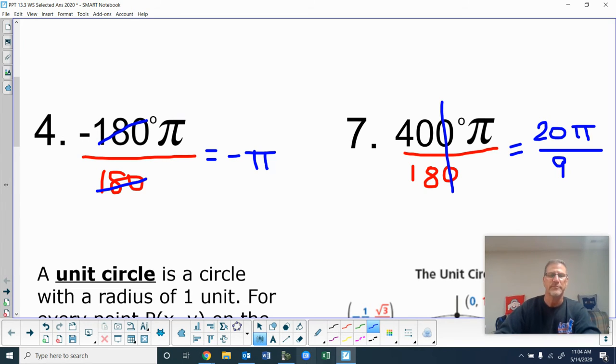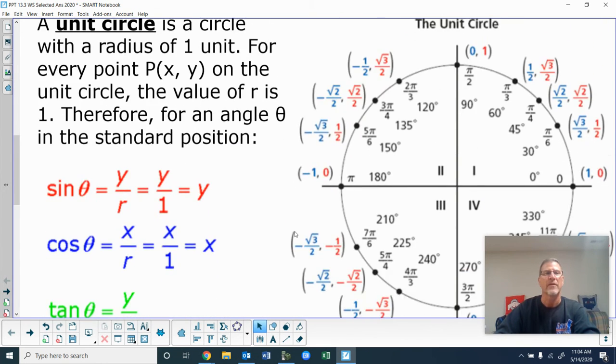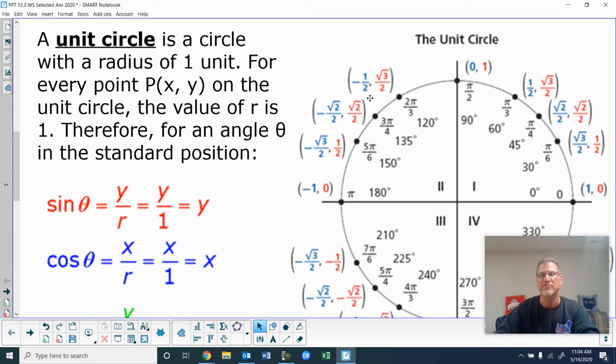And then again, just going over this unit circle again, it's a circle with radius of 1 unit. So if I draw a line from the origin to any of these points, the length of that line is 1. So even from the origin out here to 0 degrees, that point is 1, 0, because we went out 1 unit.